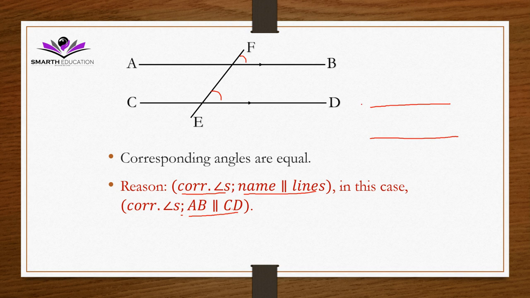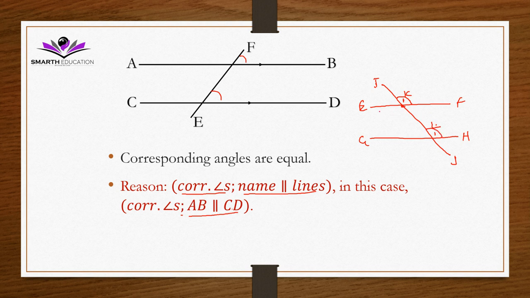So let's say we're given this situation here. Let me name these angles E, F, G, H, I, J, K, L. Right. Now, let's say K1 and L1 are equal.